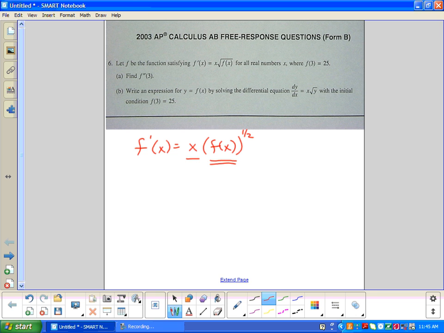All right. So if I take the derivative of this, f prime prime of x. Derivative of x is 1. Do we agree? So I would get f of x to the half plus x times, well, bring down the half. Do you agree? f of x to the negative 1/2 times what?